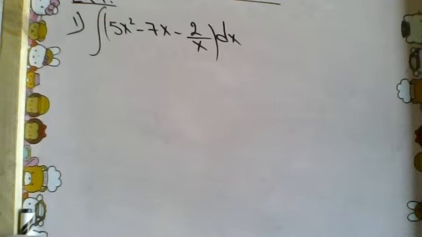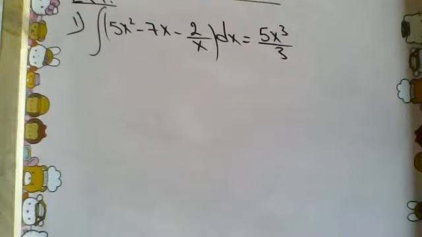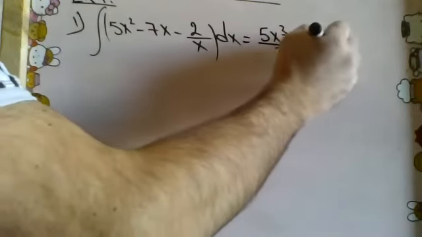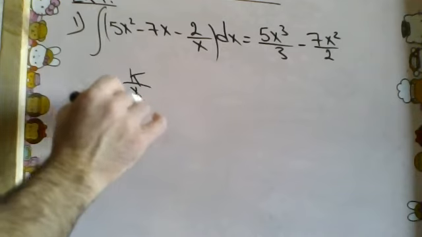5x squared becomes 5x cubed over 3, 5x to the power 3 over 3 minus 7x squared over 2, plus 2 over x squared integral. What's the integral of k over x?